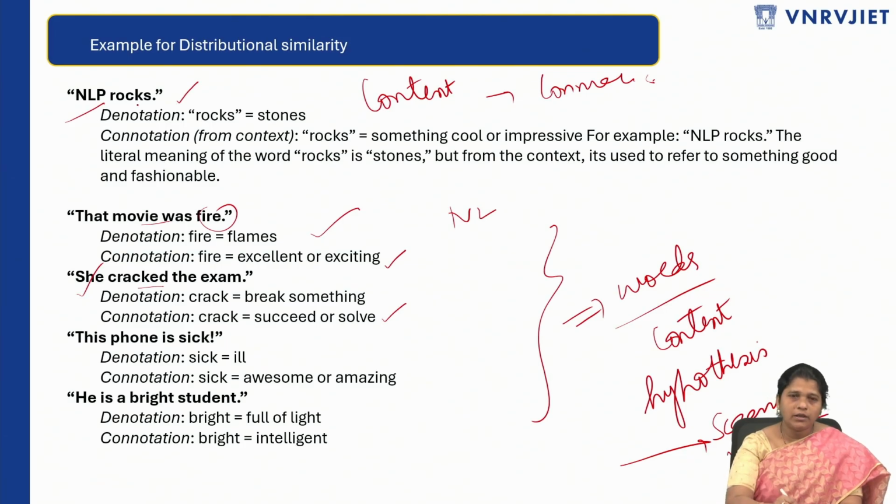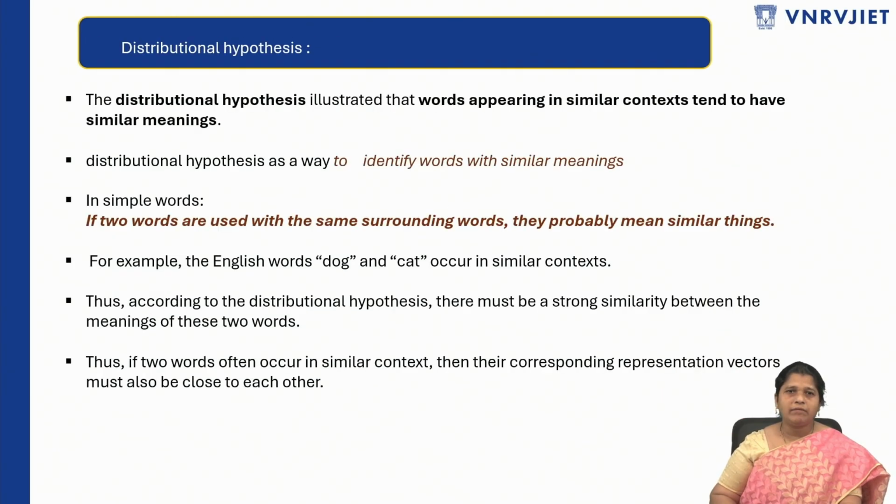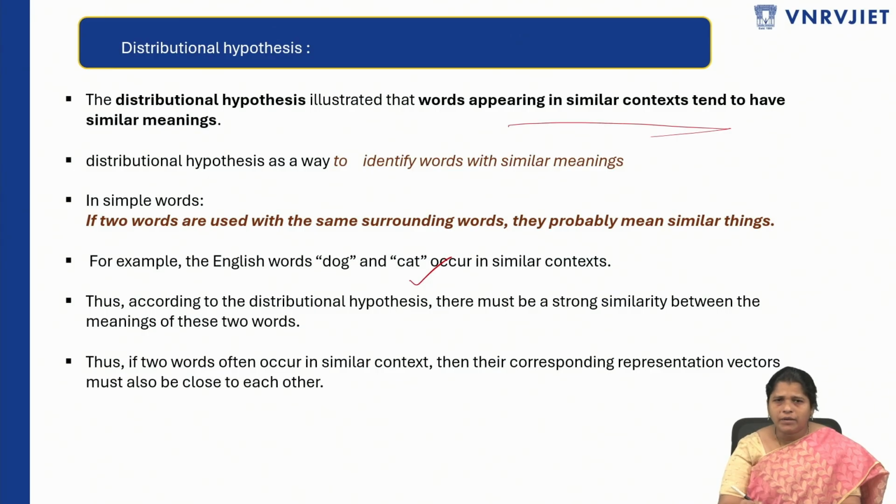Here, the usage of a word differs because of the words occurring in and around it. The distributional hypothesis says that words that appear in similar contexts tend to have similar meanings, though they do not have the same literal meanings. For example, the most frequently used words in regular language are dog and cat. These English words generally appear in a similar context, belonging to the category of pet animals.